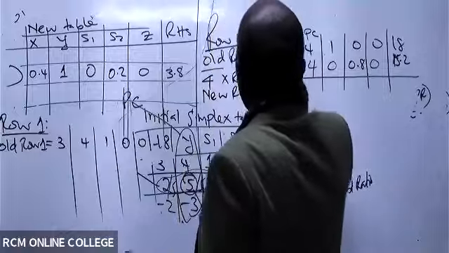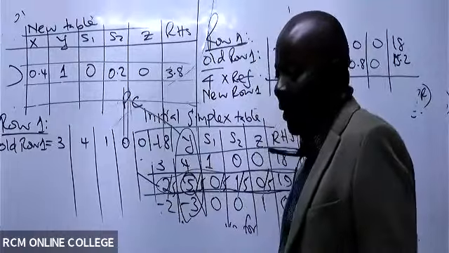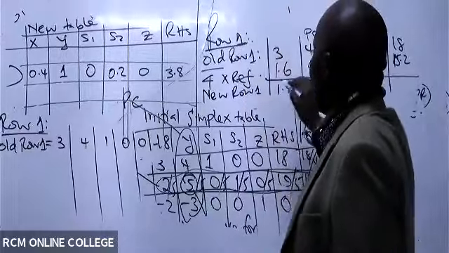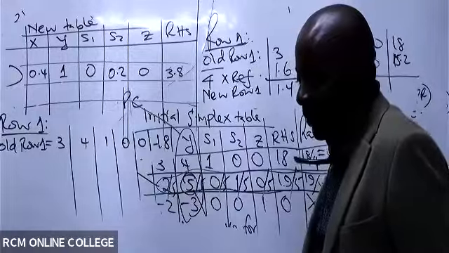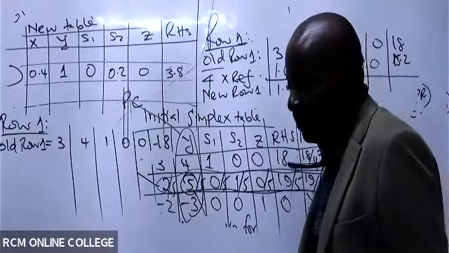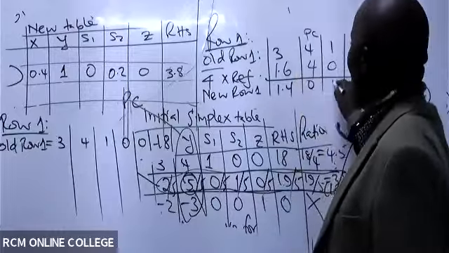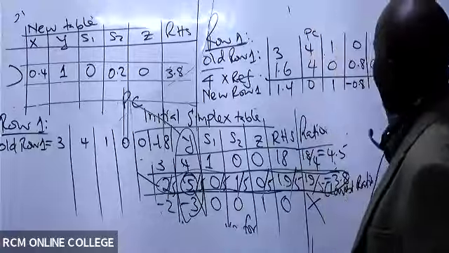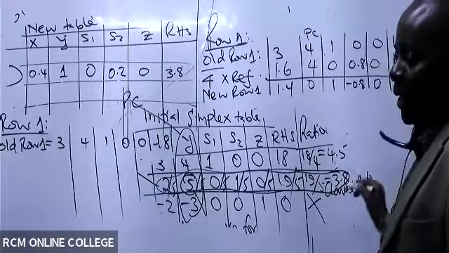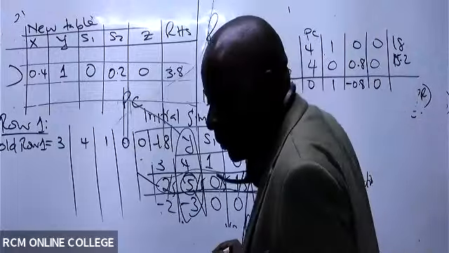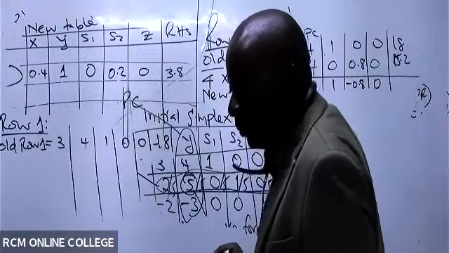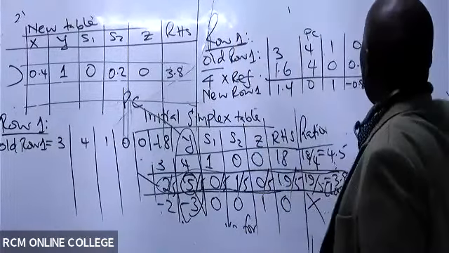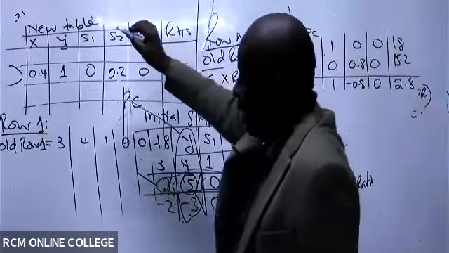What is 3 minus 1.6? 1.4. Then 0, 1 minus 0.8. 0. How about this? 18 minus 15.2 is 2.8.